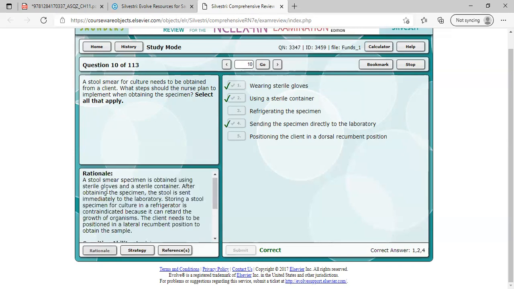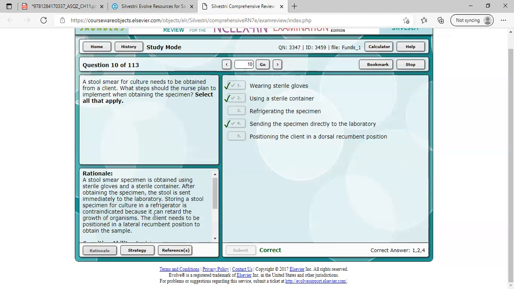A stool smear specimen is obtained using a sterile gloves and sterile container. After obtaining the specimen, the stool is sent immediately to the laboratory. And storing a stool specimen for a culture in a refrigerator is contraindicated because it will be contaminated.